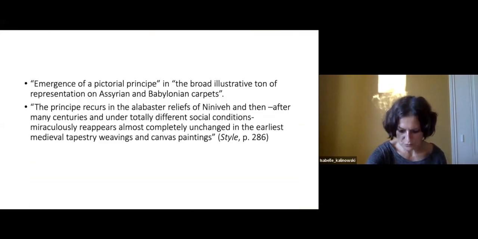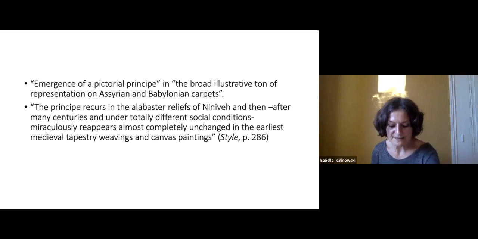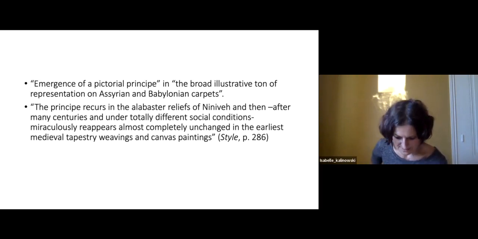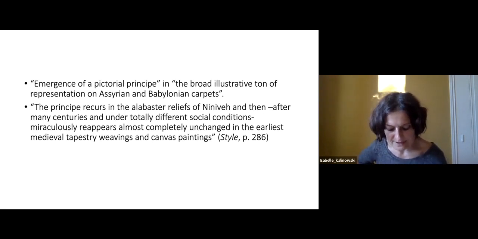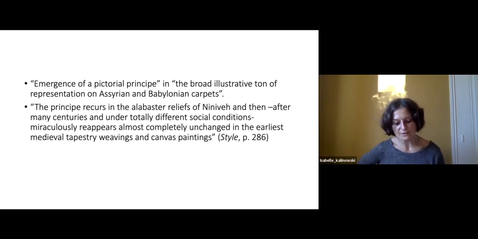Semper assumes a historical continuity, or in his words, a miraculous continuity in the discontinuity from the Assyrian decor to European medieval tapestry. He sees the emergence of a pictorial principle in the broad illustrative tone of representation on Assyrian and Babylonian carpets.